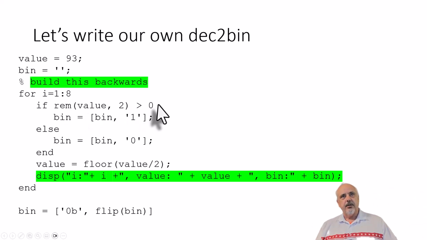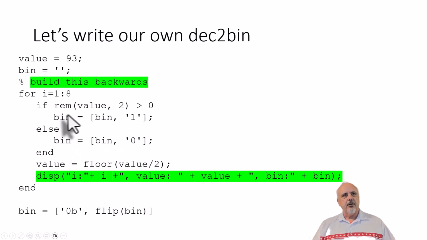If it's greater than 0, I take the bin string that I had before and append a 1 to it. The first time through, value would be 93, and 93 remainder divided by 2 gives a 1 because it's an odd number. So that's pretty straightforward. As you know, the LSB is a 1.